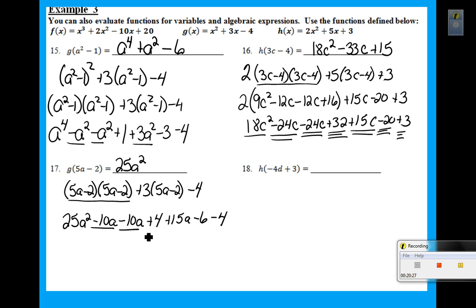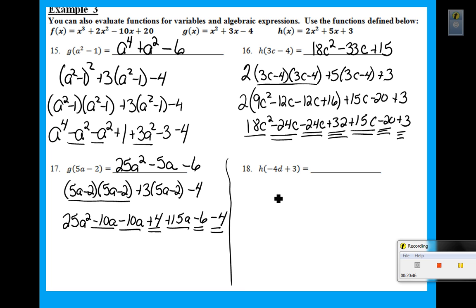There's negative 10 and positive 15. Looks like negative 5a. Positive 4, negative 6, and negative 4 make a negative 6. So there's what we got going. A lot of algebra, guys. It's one of those things, take your time and make sure you write it out and go slow on it.